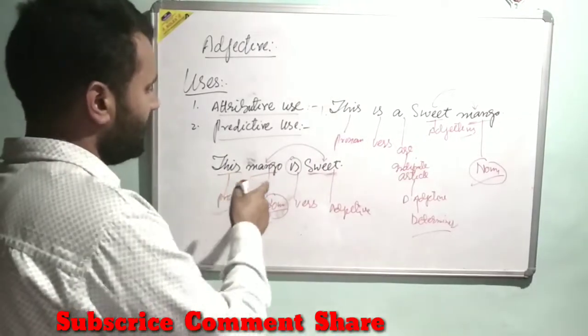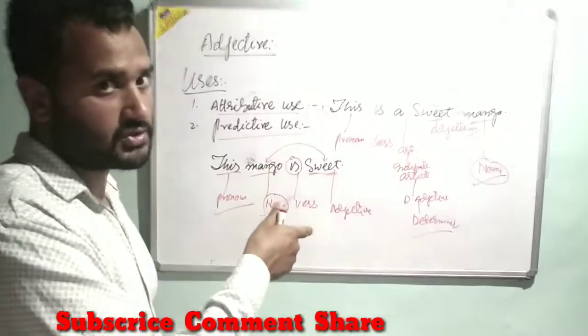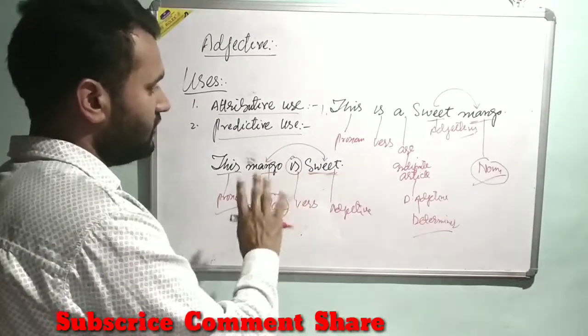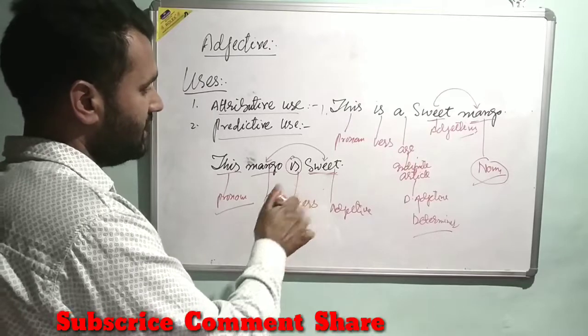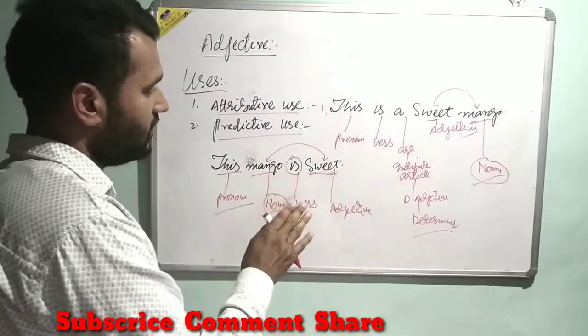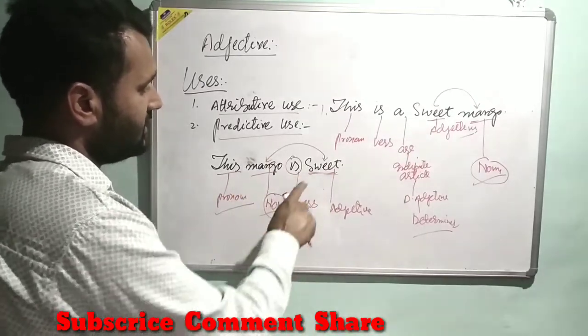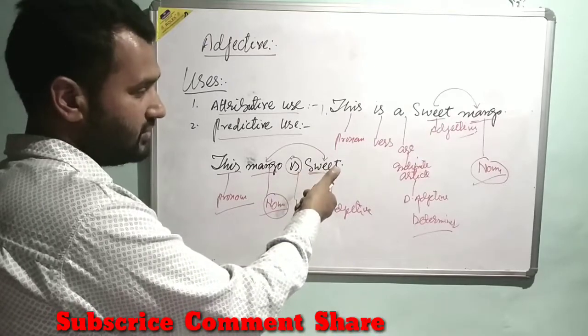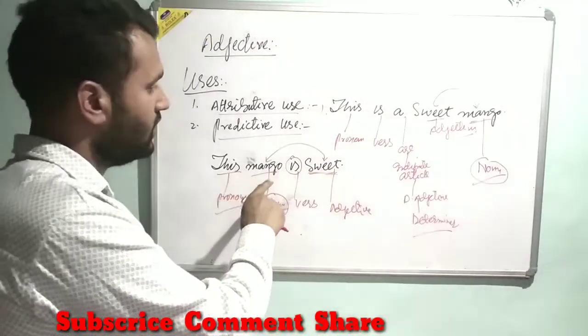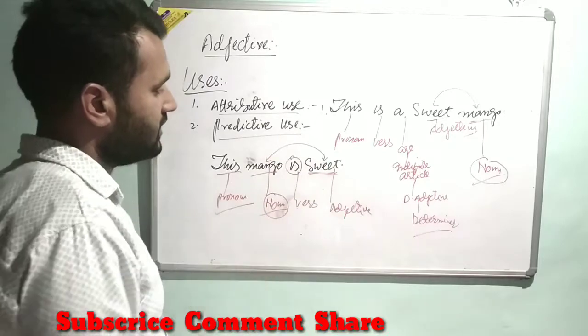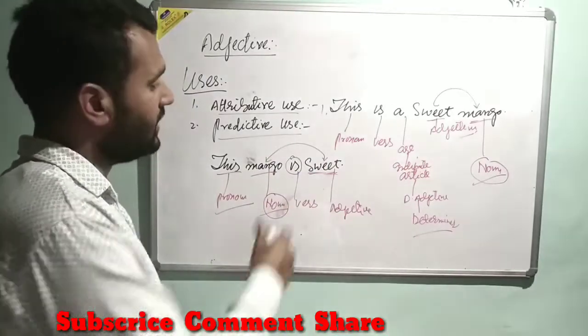The second thing is that the noun comes first, then comes the adjective. Of course, there is no doubt that this word is qualifying, but it is taking the second position. The first position is being taken by the noun, and it is qualifying and modifying this noun indirectly.